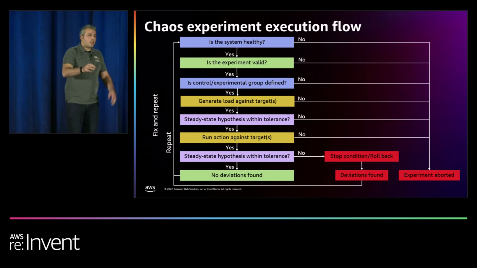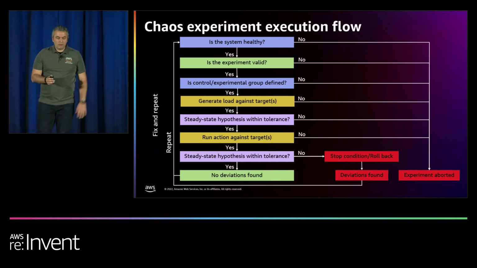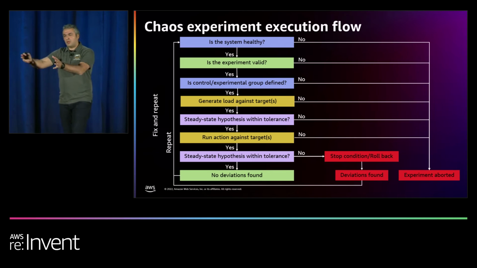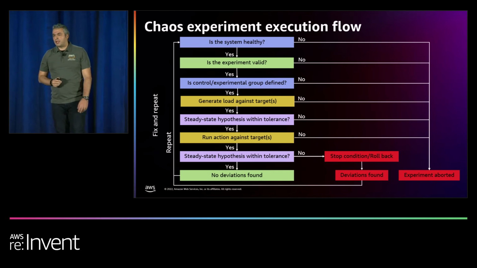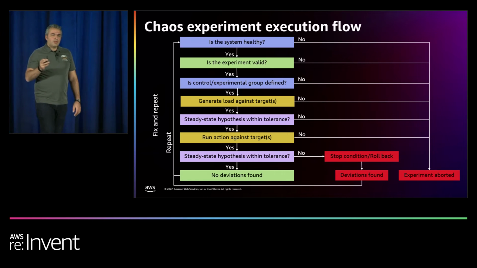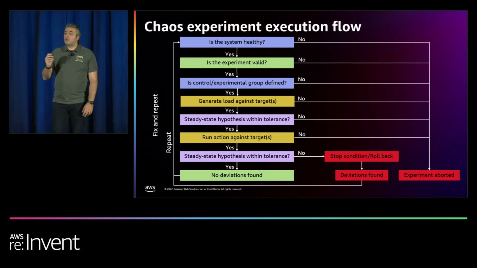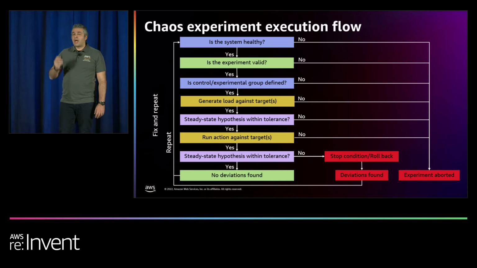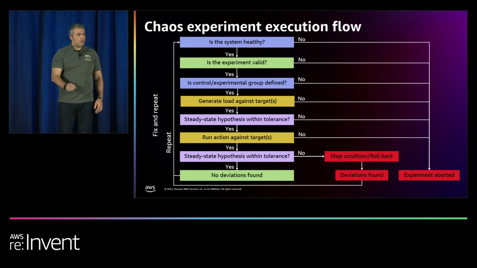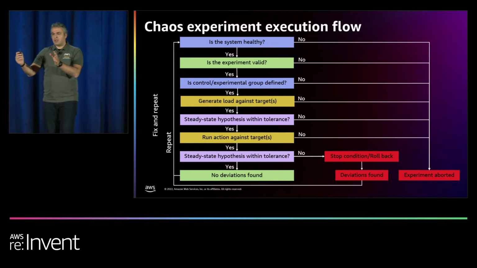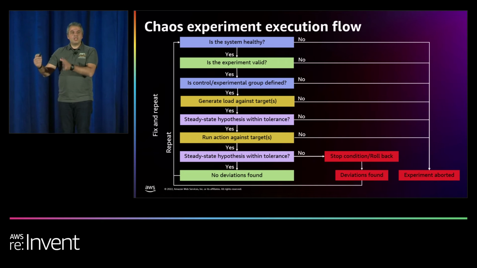And then again we check, is it in tolerance based on what we think? And if it isn't, then the stop condition is going to kick in and it's going to roll back. And if it is, that experiment turns into a regression test. Why? Because now we understand what that experiment does to our system. We know we can mitigate it, and it's predictable.